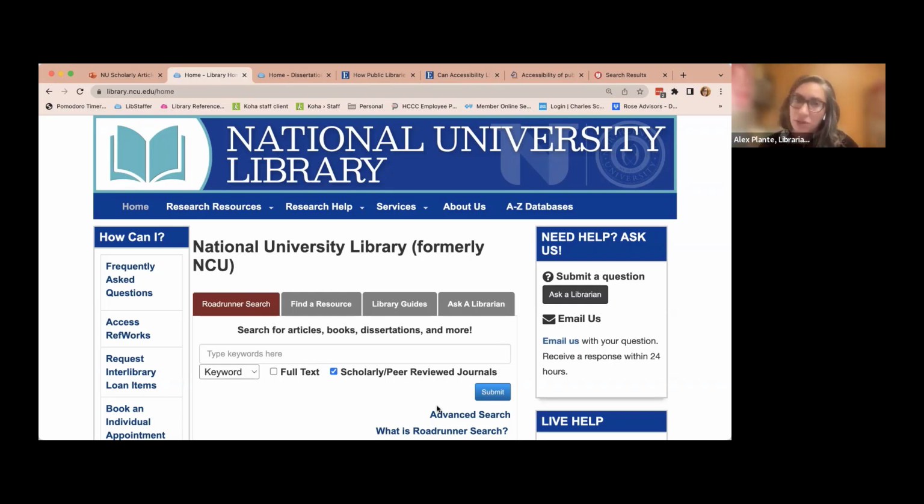But it's a good place for you to say, I need to put that on my interlibrary loan list, right? So we want you to see what's available, okay? Even if we don't have access to it, because we will get you access to it. We will either try to find it on Google Scholar, or we will try to find it through interlibrary loan, right? We don't want you to limit. So don't click full text, because we want you to be able to see what is fully available, not just what we have access to here.